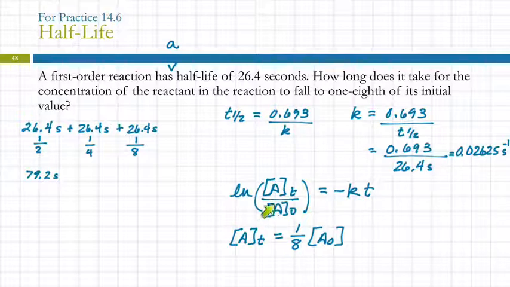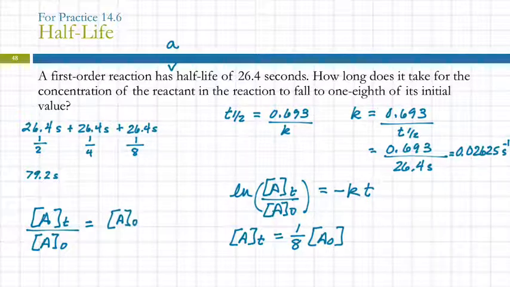So when we take this term in here, A at time t divided by A0, that is A of time t is equal to 1/8 of A0, right?